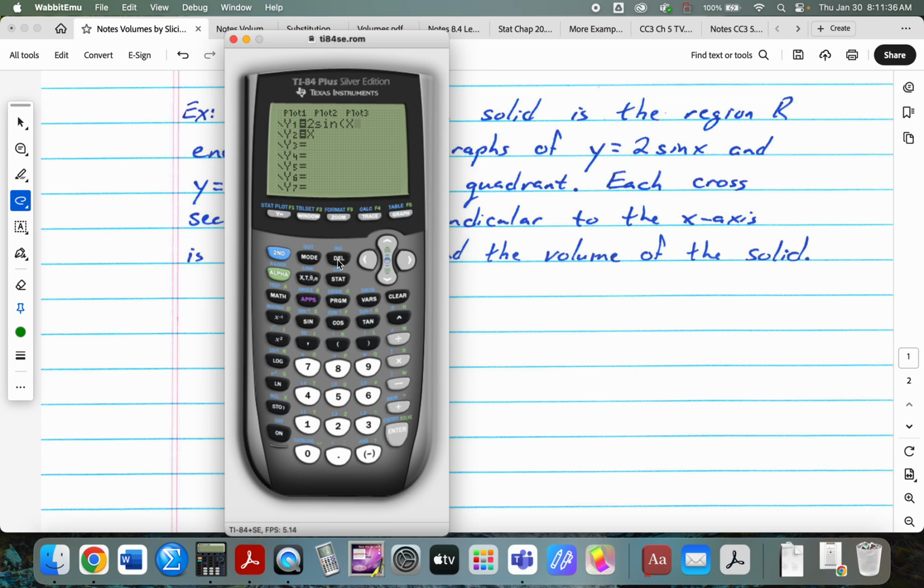Delete this junk off of there. And I'll go back to a zoom trig. So there's y is equal to 2 sine of x. And there's y is equal to x. It looks a lot like the one that we had just a moment ago.